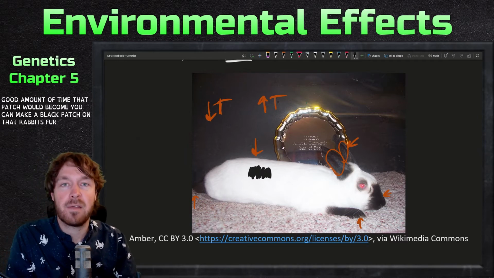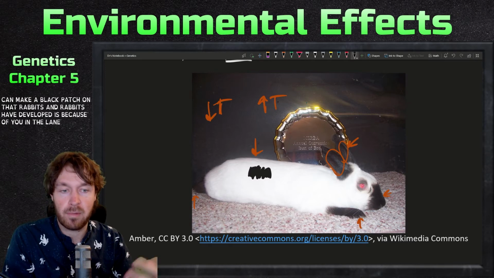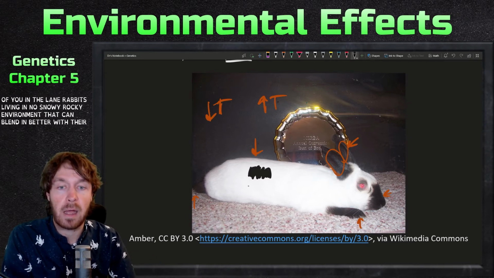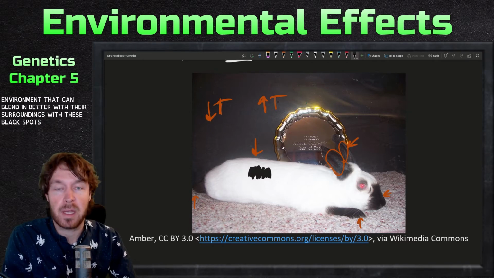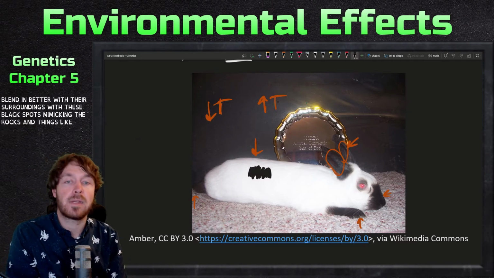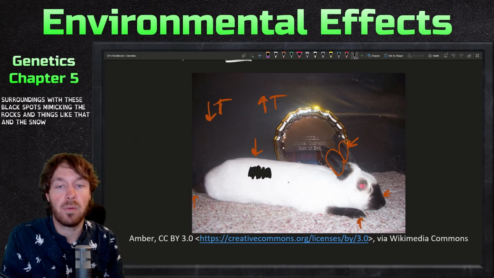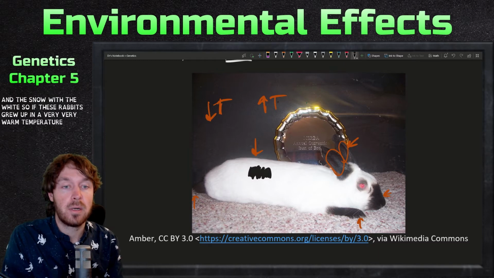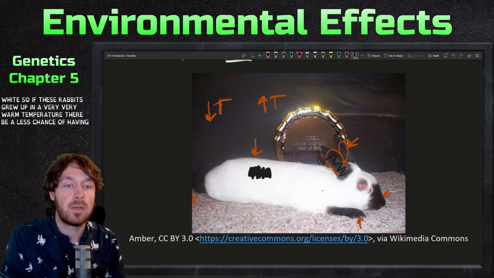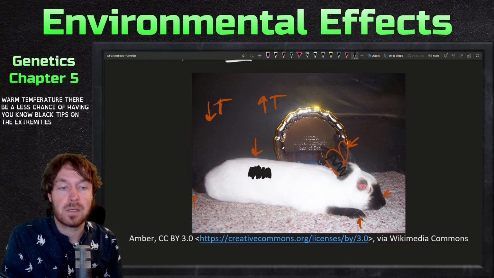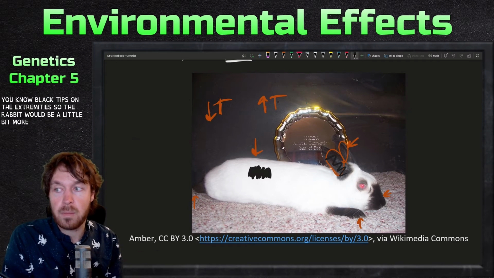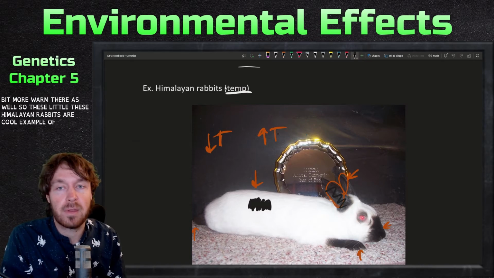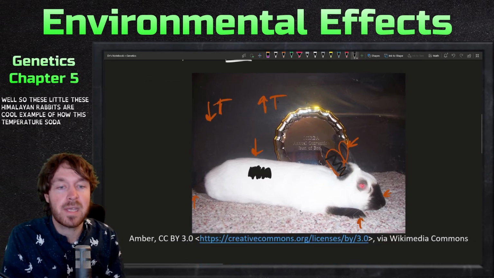These rabbits have developed this because Himalayan rabbits living in snowy, rocky environments can blend in better with their surroundings, with these black spots mimicking little rocks and things like that, and the snow with the white. If these rabbits grew up in a very, very warm temperature, there'd be less chance of having black tips on the extremities, so the rabbit would be a little bit more warm there as well. So these Himalayan rabbits are a cool example of how temperature matters. This rabbit has the same genotype.